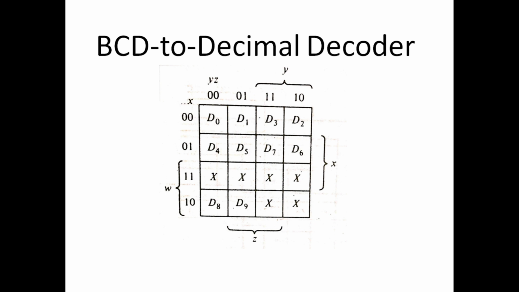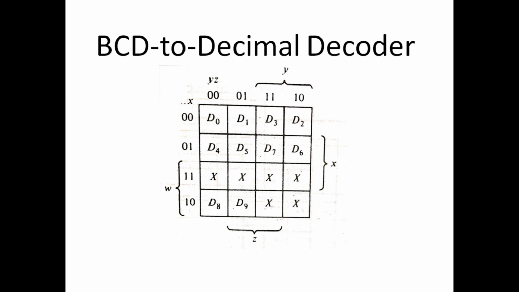Now, how can we derive the Boolean equations for the outputs of the BCD to decimal decoder? As I mentioned, in this BCD to decimal decoder, there would be 10 outputs, D0 to D9, and each output would represent a single digit. And the 4 inputs W, X, Y, Z are the 4 bits that represent the decimal digit encoded in the BCD.